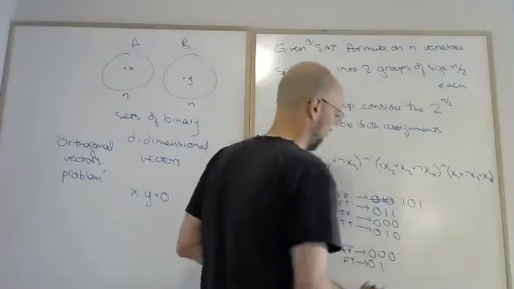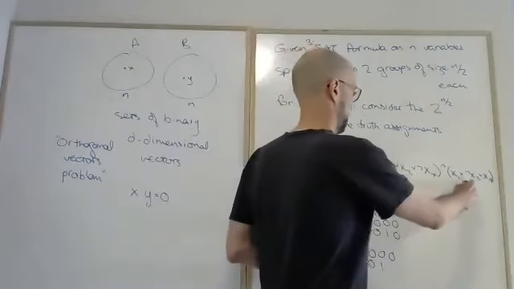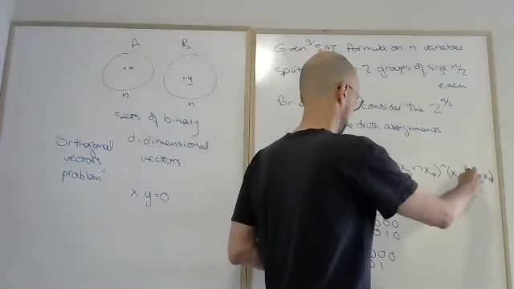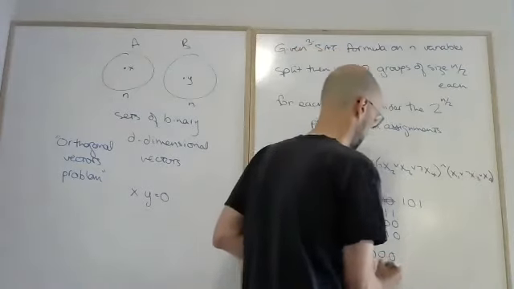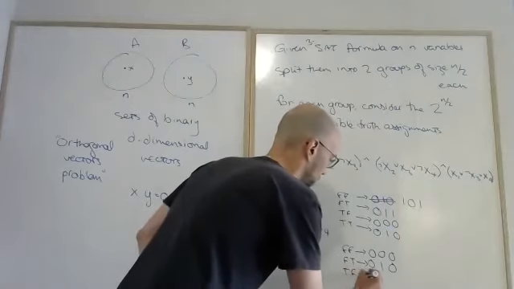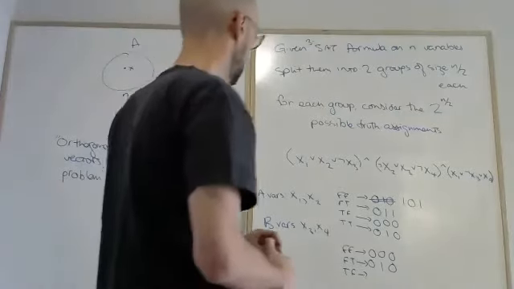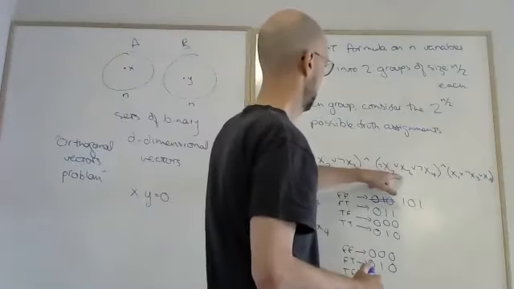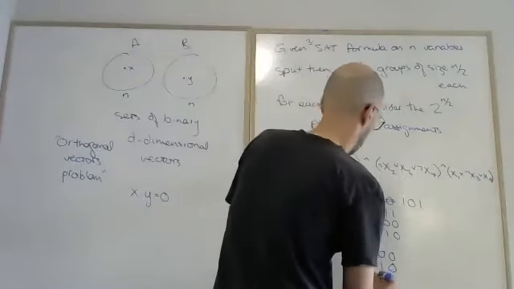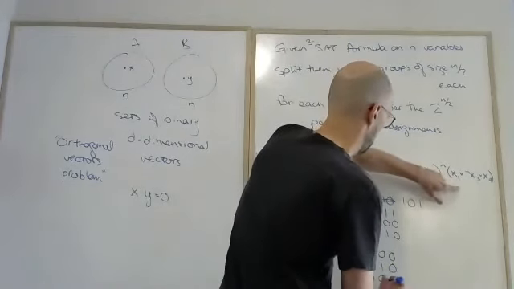So it doesn't satisfy that, but then it does satisfy this. Okay, let me just do the last part of this boring example. True, false. It doesn't satisfy this, it does satisfy this, it doesn't satisfy this.